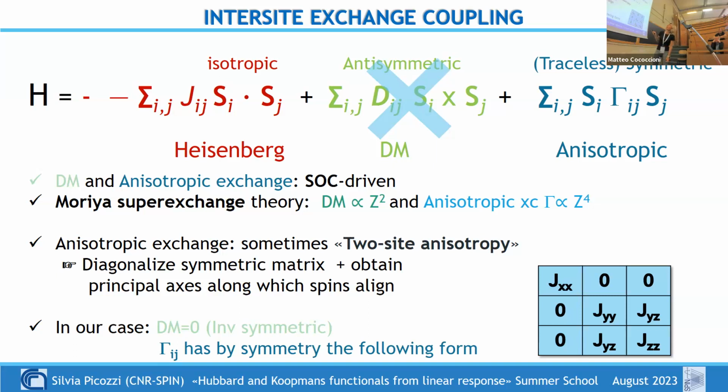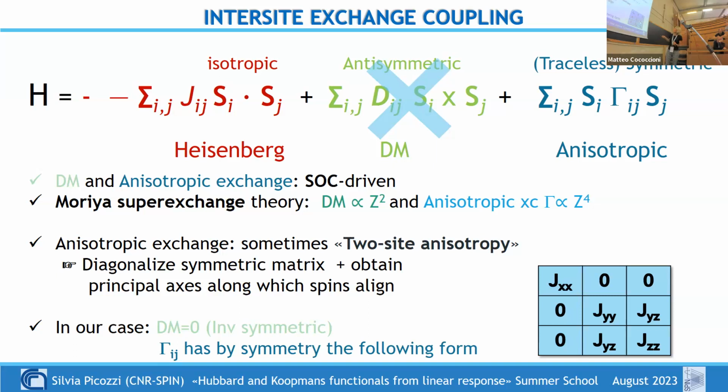So we don't expect any DM in our system. And then also by symmetry, because of the space group of the nickel iodide or nickel chloride 2, your allowed matrix has a certain form, which has basically 0 here, 0 here, and then in principle 3 different diagonal terms, and it's symmetric, right?